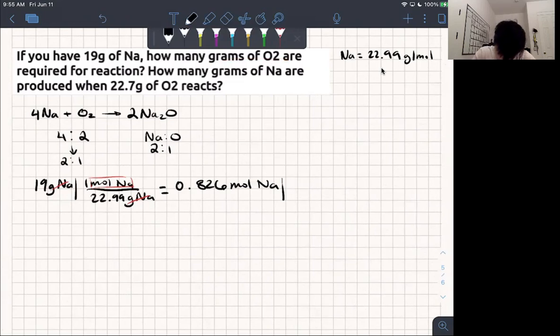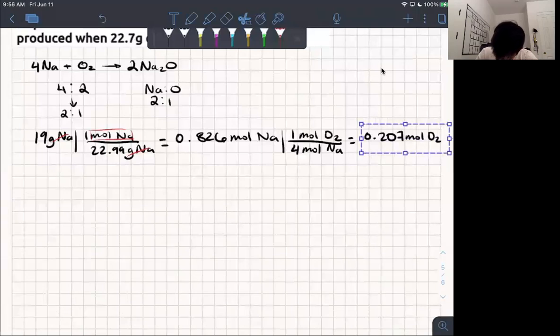For every 4 moles of sodium used, 1 mole of oxygen gas is used. So you divide 0.826 by 4, and this equals 0.207 moles of oxygen gas. Okay, good. And then it asks how many grams. So now we just bring it back down here. Let's copy this.